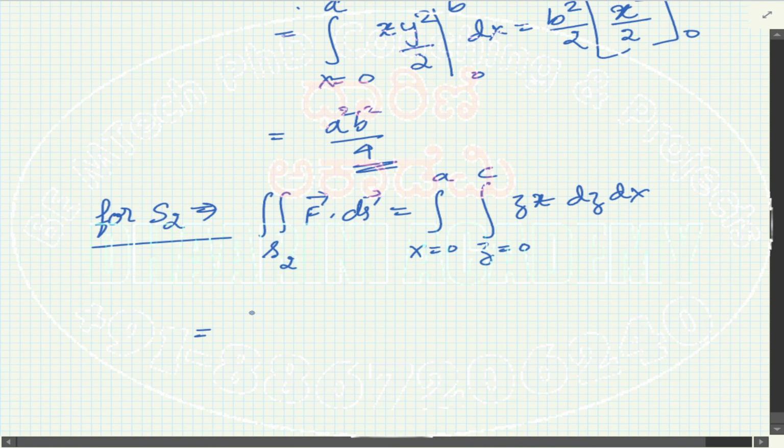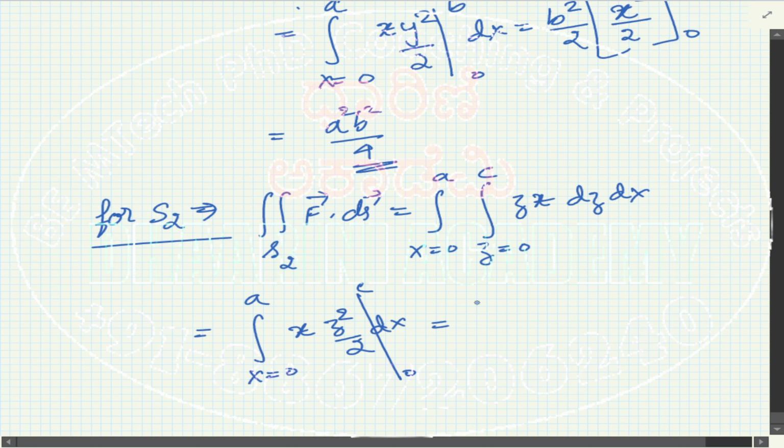So this is x is equal to 0 to a. You have x into z square by 2 from 0 to c. This is dx. Correct?